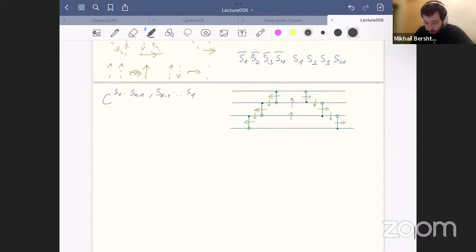Okay, now I want to somehow finish the story about the Poisson structure.